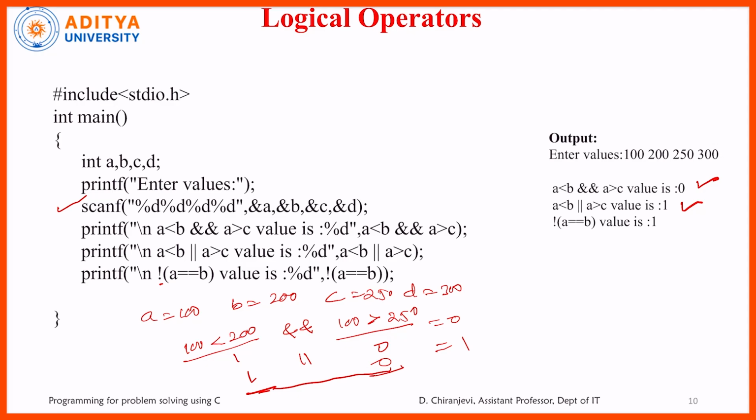So A equal to B, this is false, so if you apply NOT on false, that's why it is true. So for A equal to B you will get output 0 because the condition is false, but if you apply NOT on 0, ultimately it will give you 1. Okay, so 0 means false. If you apply NOT in front of false, then it will become true.